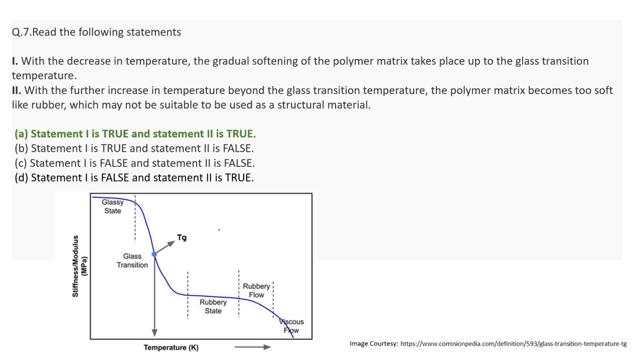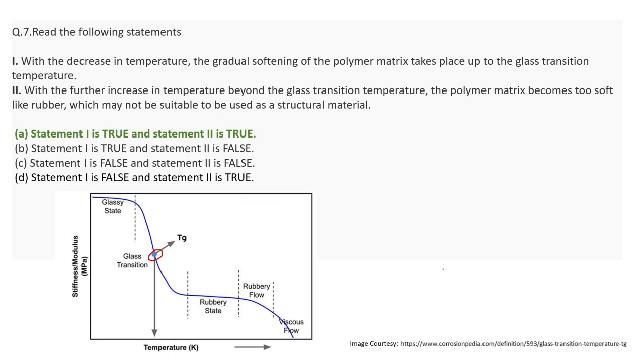So here you can see in this diagram that as the temperature increases, the stiffness and the modulus of any matrix is first in a glassy state. As the temperature increases till it reaches the point of glass transition, it is still in a glassy state, but it has some structural strength. But as it passes the glass transition temperature, it becomes a rubbery state, and it loses the structural integrity.